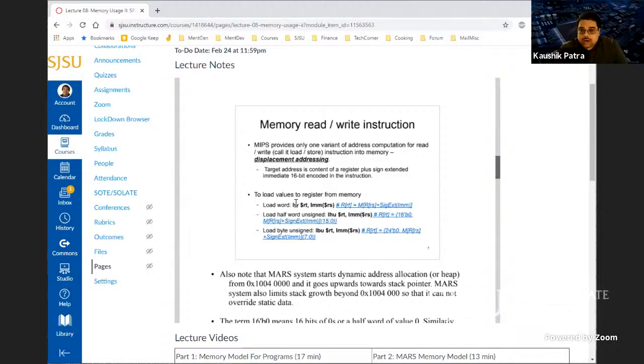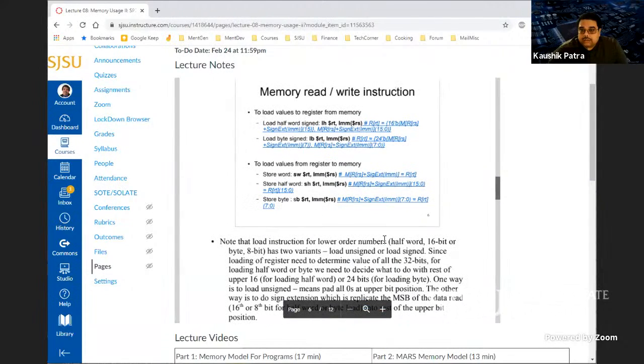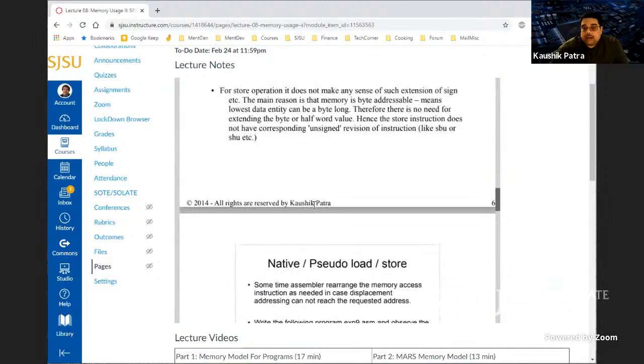So load word, there are load half word unsigned, load byte unsigned, and it explains what it does really, like how the memory address is computed, etc. And then we will talk about the load half word signed, and then move on to the store word, and then store half word and store byte, that kind of instructions and the usage of them.